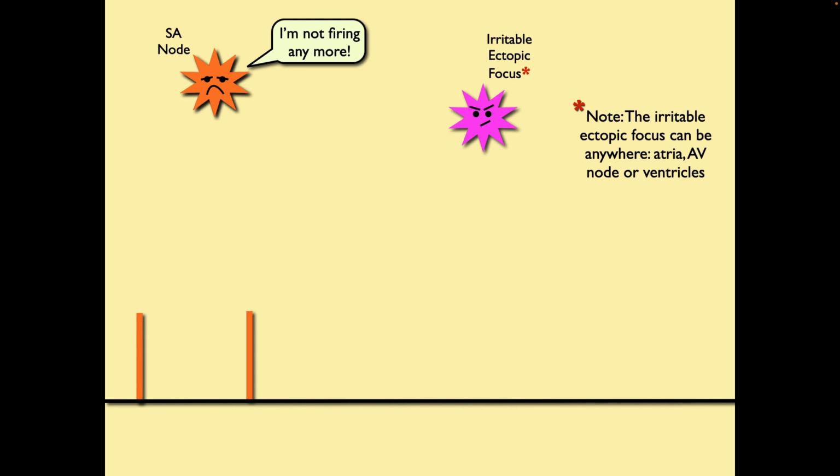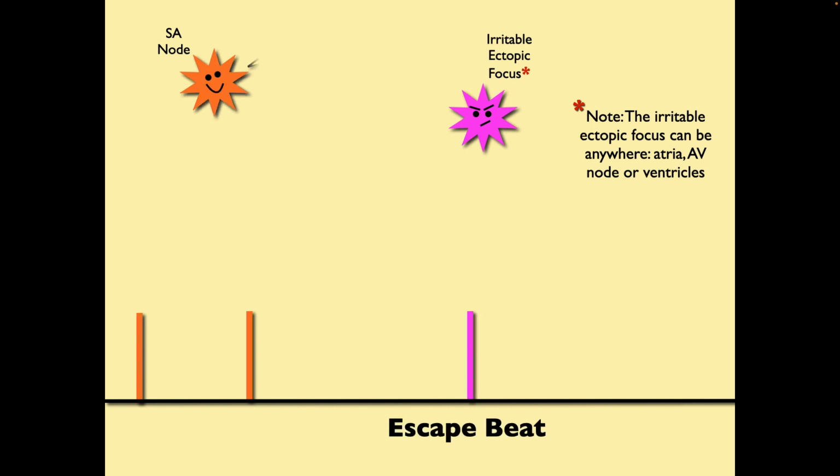So in this case, what happens with an escape beat is there's a depolarization that comes from another spot. It's an ectopic focus. And then, because in the case of an escape beat, by definition, there's usually only one or two, the SA node comes back.